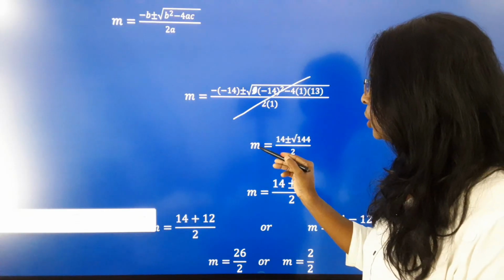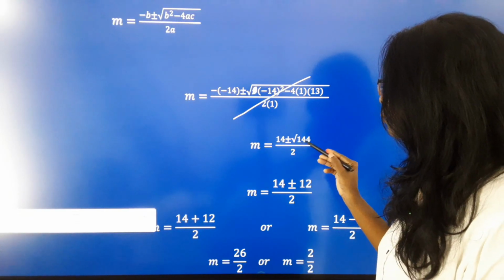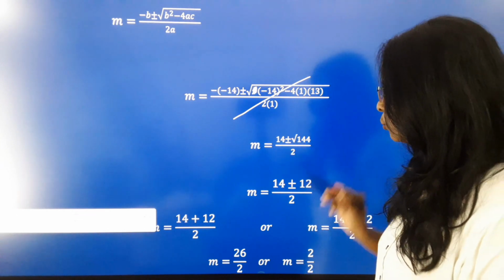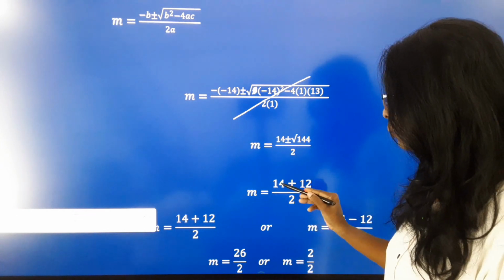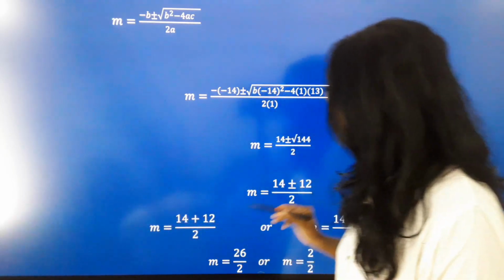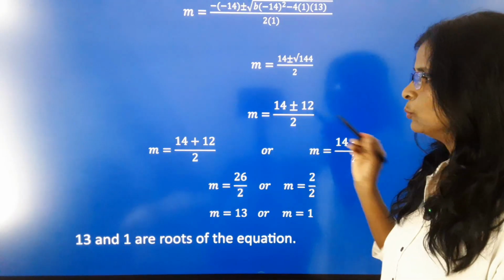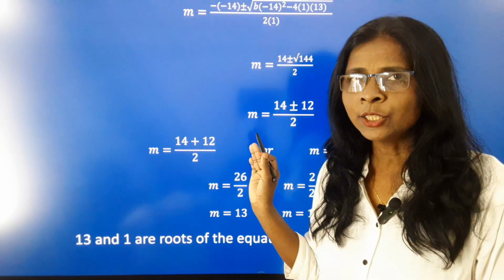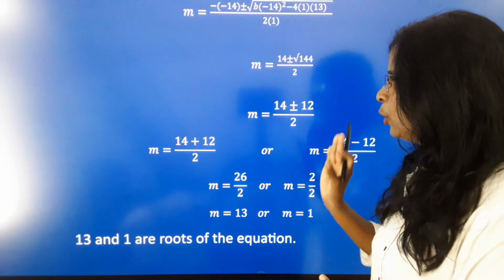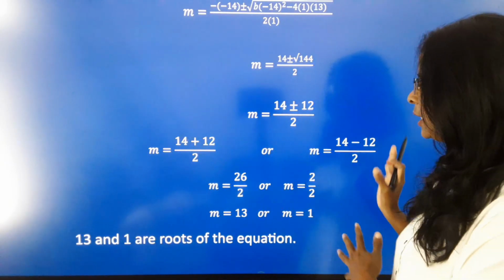So directly you may put this value in the square root of b square minus 4ac in the formula. So we put m is equal to 14 plus or minus the square root of 144 over 2. That means m is equal to 14 plus or minus 12 over 2, since the square root of 144 is 12. Now at this step you bifurcate the values, positive and negative.